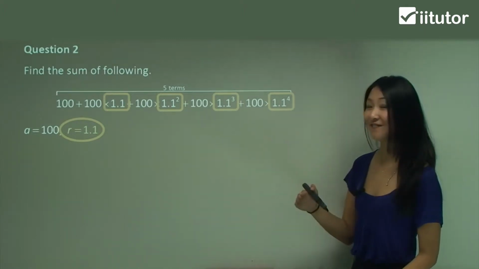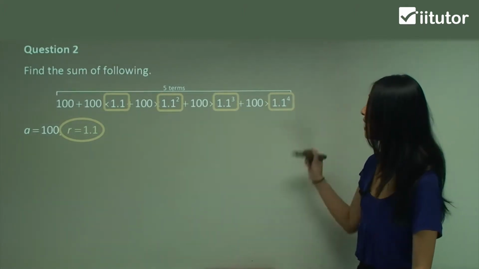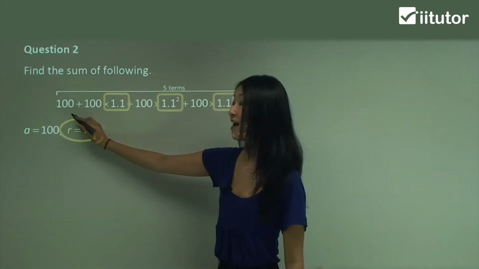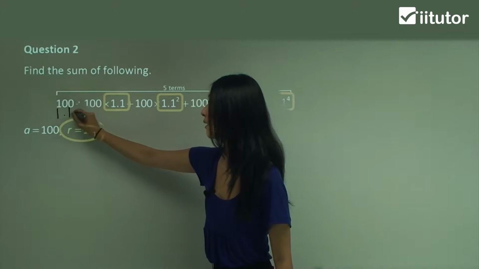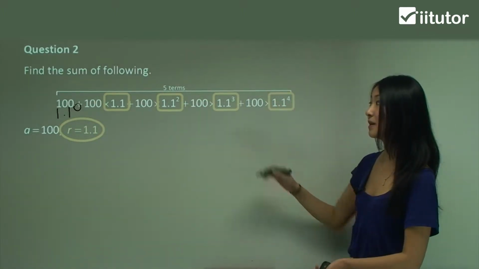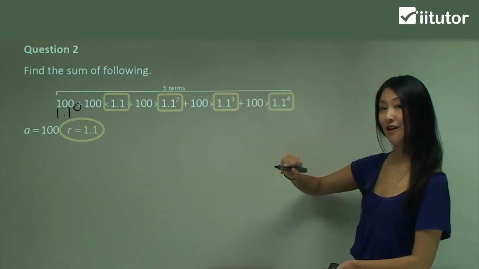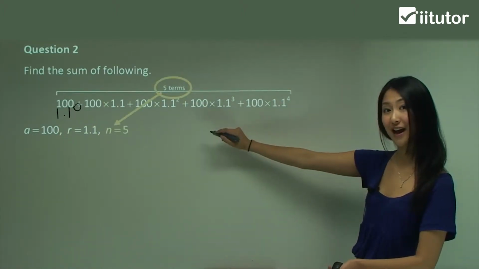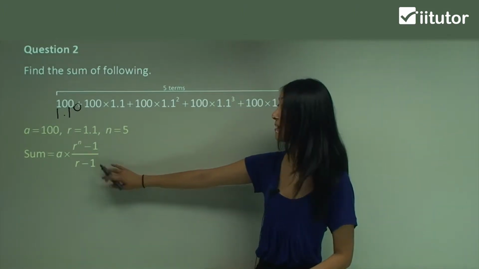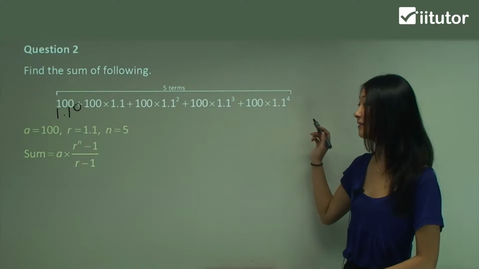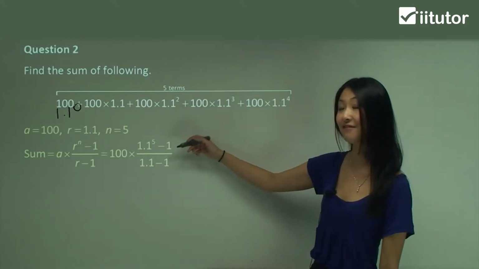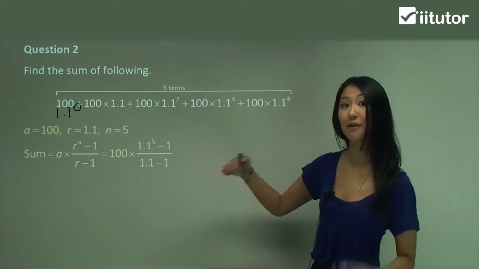And now let's finally work out the number of terms. You can see this is to the power of 4, but because we have 100 here times 1.1 to the power of 0 essentially, that means we altogether have 5 terms. So n should equal 5. Subbing it into the equation for the sum of the geometric series, we should have 100 times 1.1 to the power of 5 minus 1 over 1.1 minus 1.